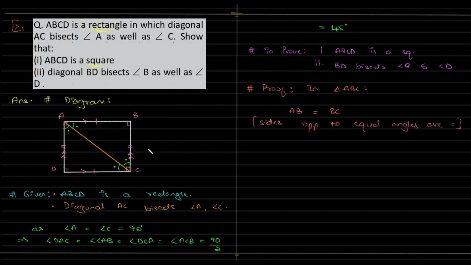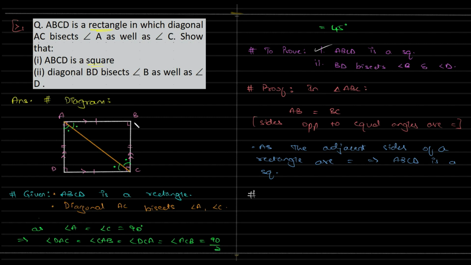So since you have your adjacent sides to be equal, as the adjacent sides of a rectangle are equal, this implies ABCD is a square. So the first part is done.